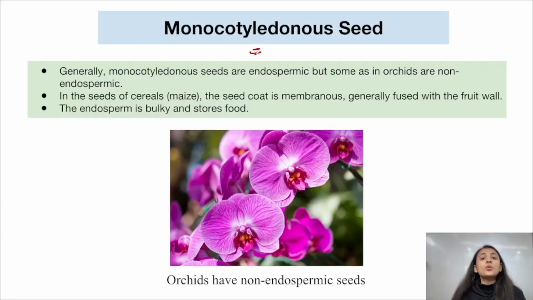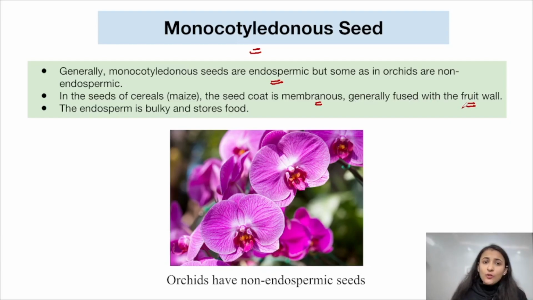Now let's come to monocot seeds, or monocotyledonous seeds. Generally monocot seeds are endospermic, but some, as in orchids, are non-endospermic. In the seeds of cereals such as maize, which are also monocots, the seed coat is membranous, generally fused with the fruit wall.